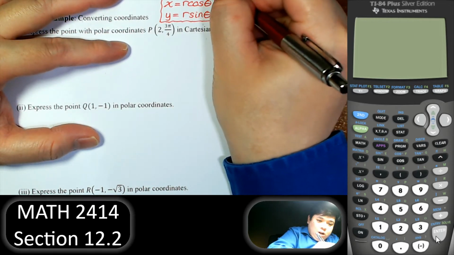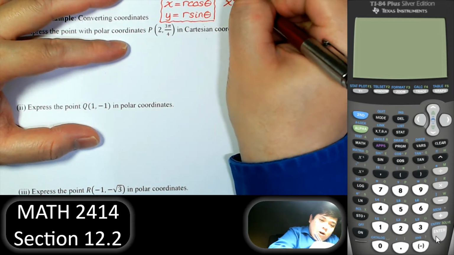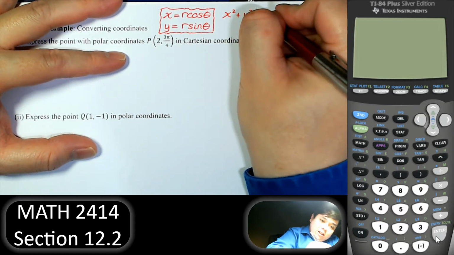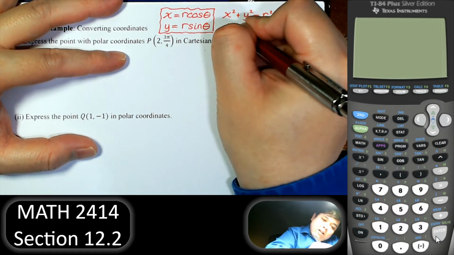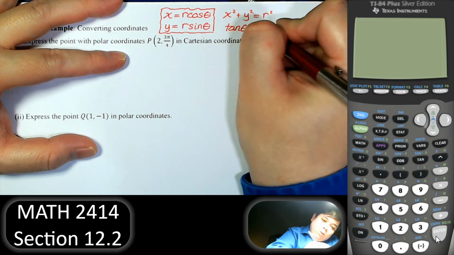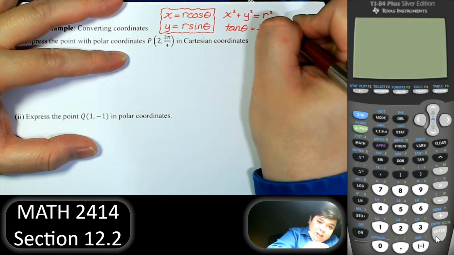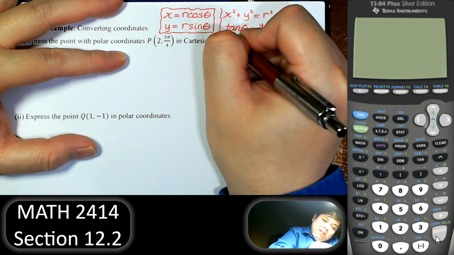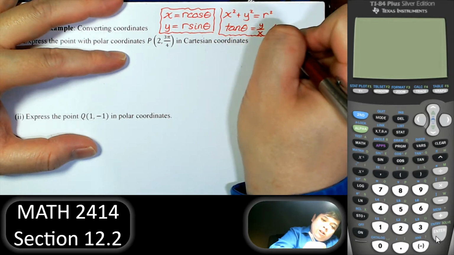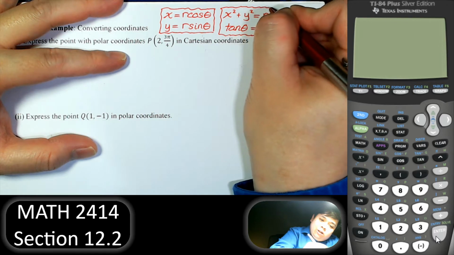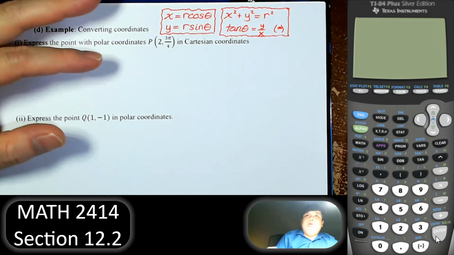X squared plus y squared equal to r squared. And tangent of theta is y over x. And I'm going to put the asterisk there. So be mindful with that.